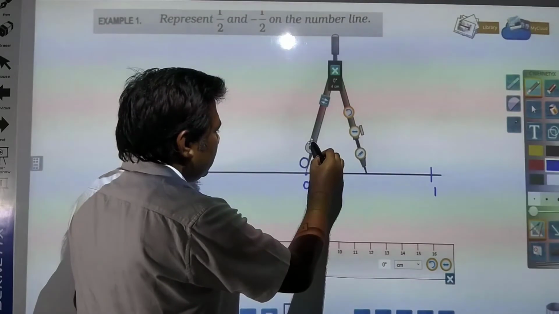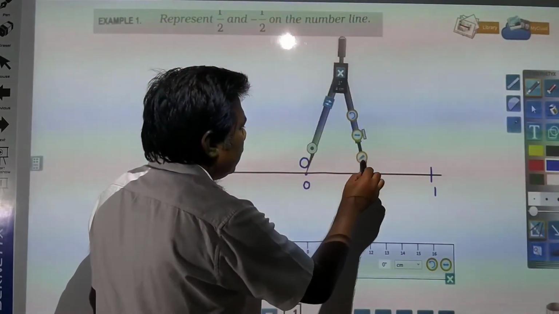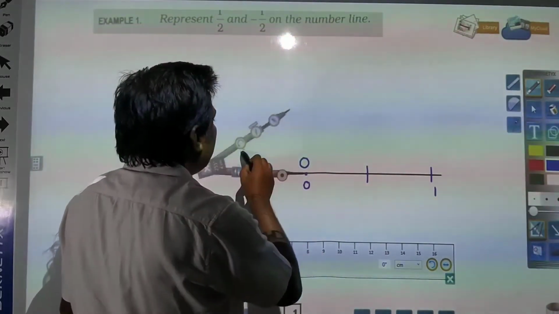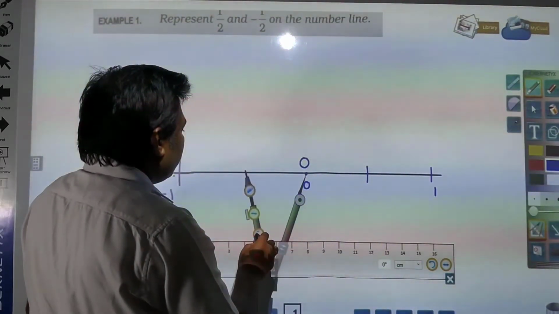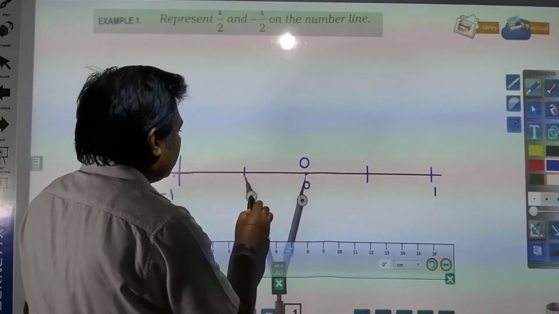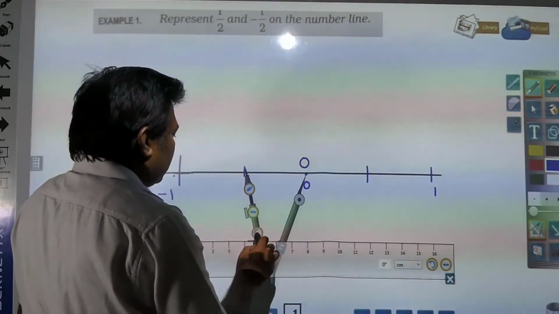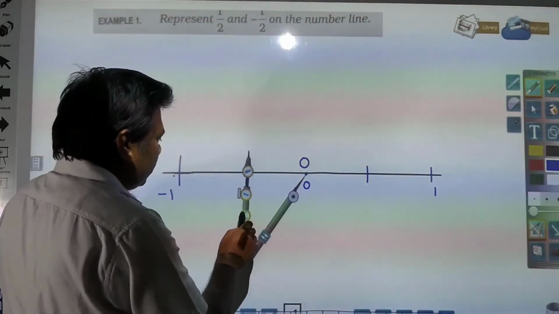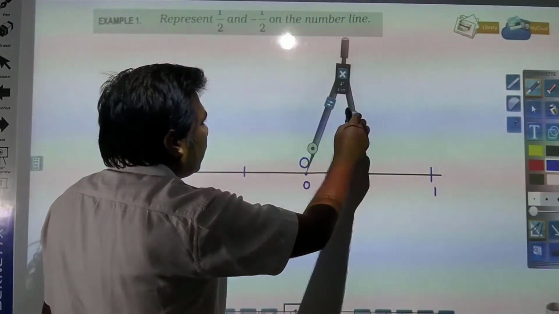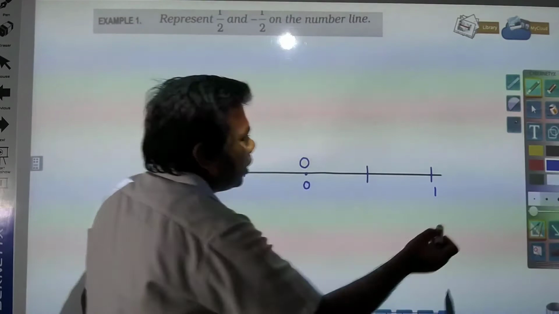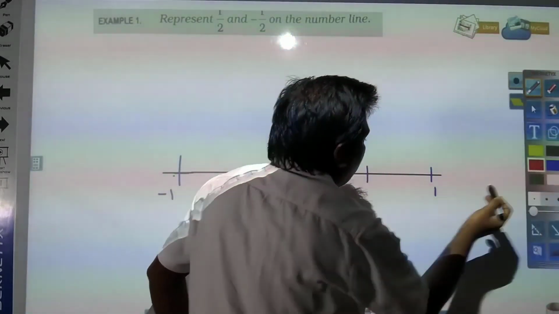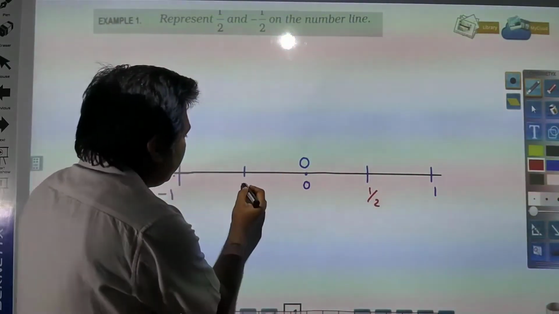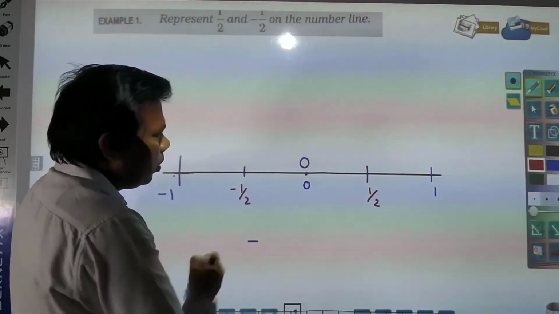So both sides we need to take this. Suppose here you see this distance, and this side it will be this one, and now you see this will be your 1/2 and this will be minus 1/2.